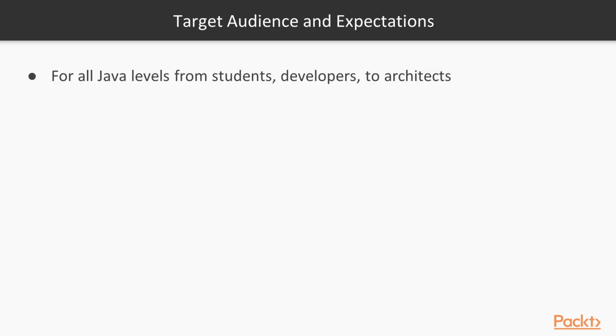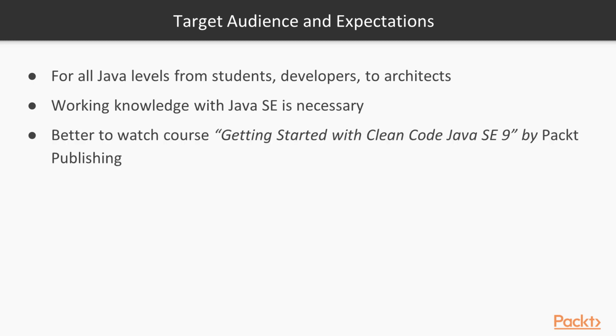This course is for all developers who want to understand and master how to use the new JShell tool. A working knowledge of Java is necessary, and it is better to be familiar with the fundamentals of functional and modular programming in Java 9. I encourage you to watch the course titled Getting Started with Clean Code Java SE 9 by Packt Publishing to understand the module system and the new features of Java SE 9.